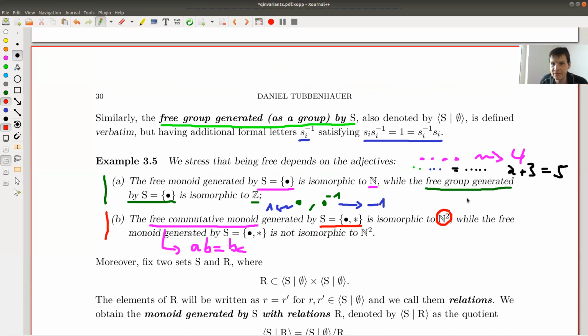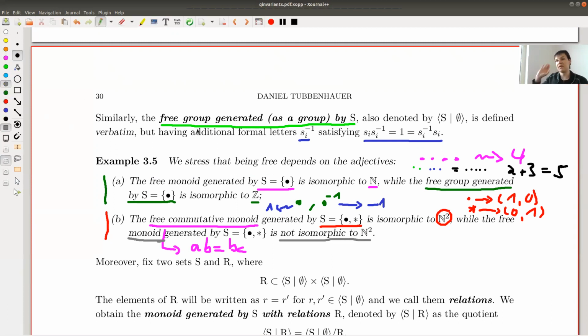Why is that? Well, you can identify bullet with this element, let's say, and you can identify star with the opposite element. But the free monoid generated by S is not isomorphic to N squared. It's a free monoid in 2 generators.